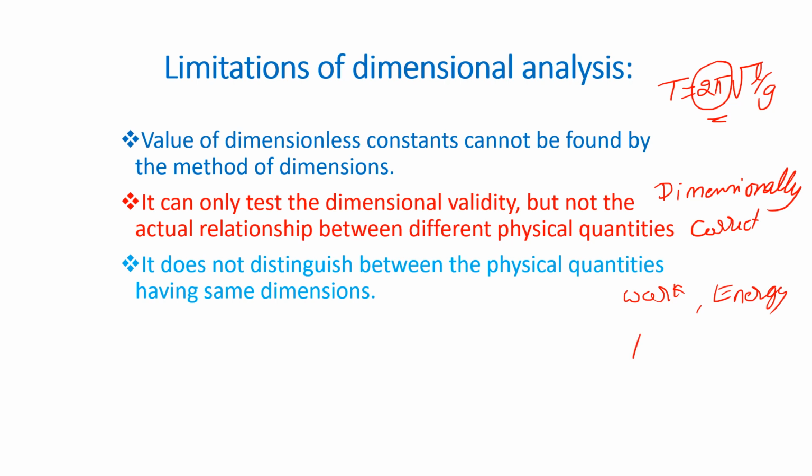Time and time period, capital T and time, both have the same dimension. Speed and velocity both have the same dimension, but it will not distinguish between any two physical quantities. These are some of the limitations of dimensional analysis. Thank you all.